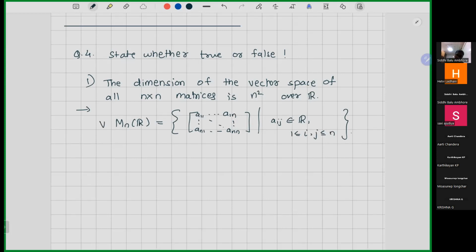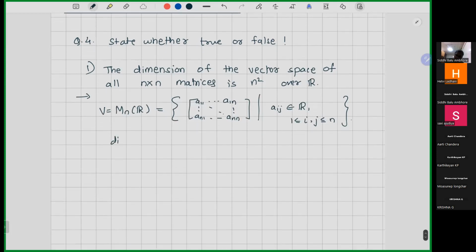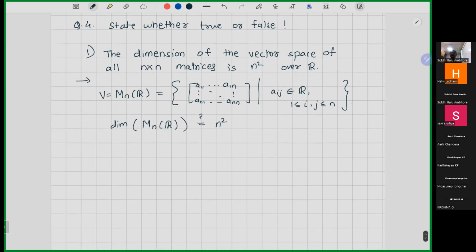This is our vector space V, and they are saying that the dimension of M_n(R) is n square. So they are asking whether it's true or not. Or what is the guess?